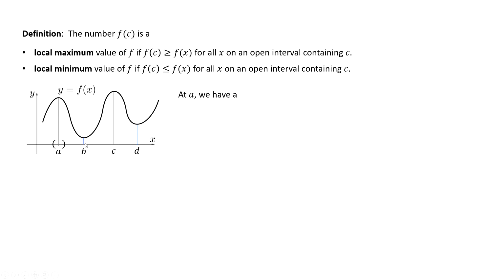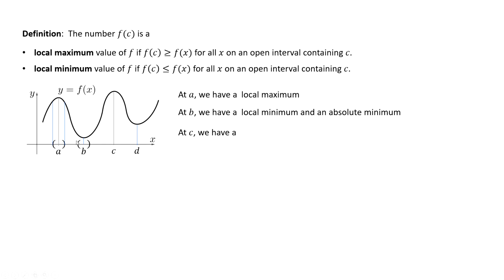And now you can see, similarly, at b, we have a local minimum, and this happens to be an absolute minimum also. There's a neighborhood, an open interval where this guy is the smallest, right? f of b is smaller than every other f of x in that open interval.